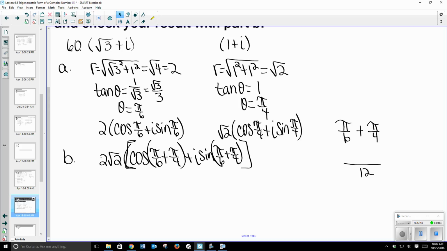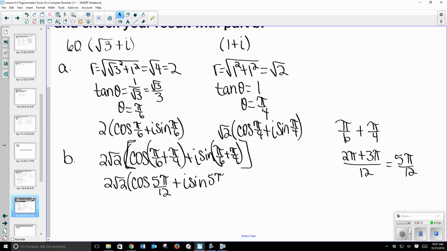What, 12? 6 goes into 12 twice. 2 times pi is 2 pi. Bring down your sine. 4 goes into 12 3 times. 3 times pi is 3 pi. So 5 pi over 12. 2 root 2 cosine 5 pi over 12 plus i sine 5 pi over 12.